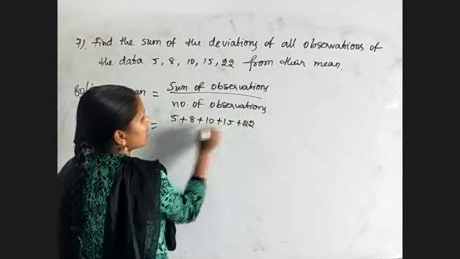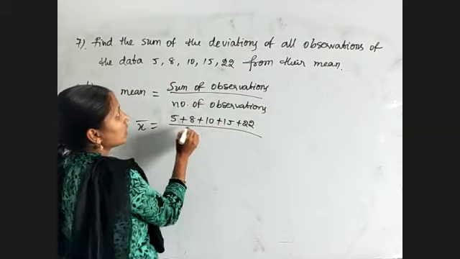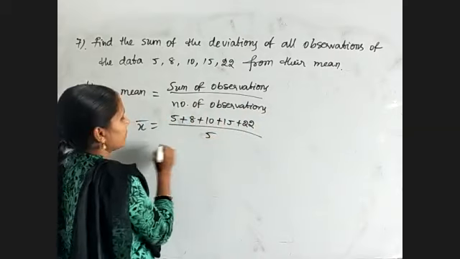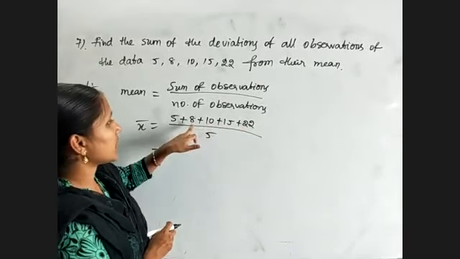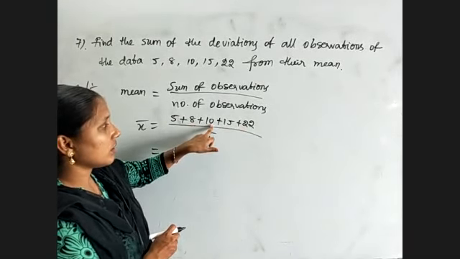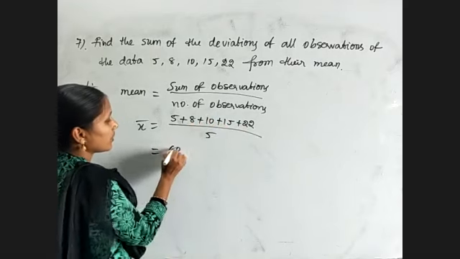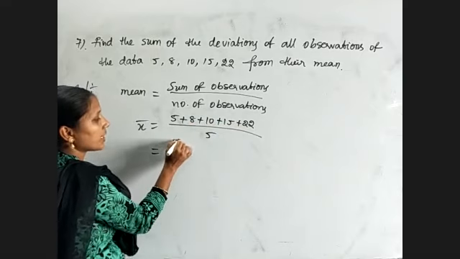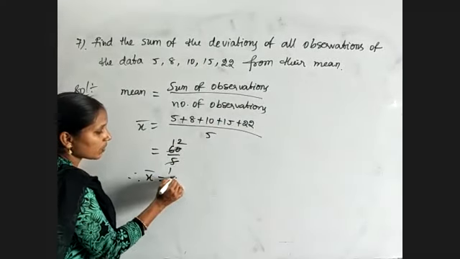Sum of the observations divided by the number of observations, which is 1, 2, 3, 4, 5, equal to, so 22 plus 8 is 30, 30 plus 10 is 40, 50, 60, 60 by 5. That is nothing but 5 ones are 5, 12 fives are 60. Therefore, the mean of the observations is equal to 12.